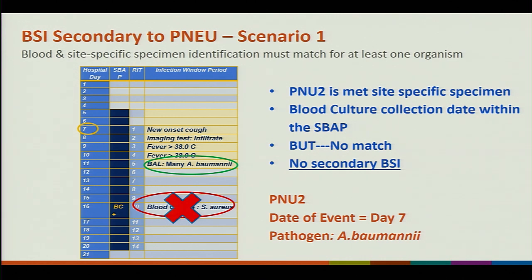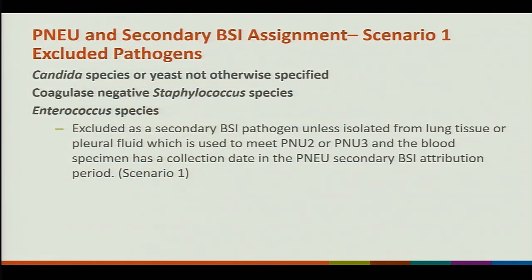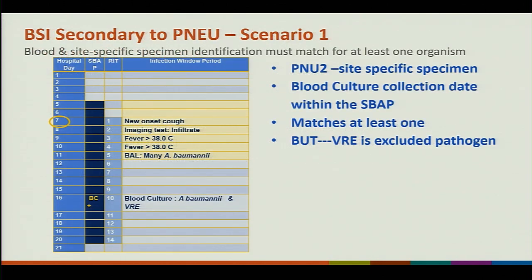You take that blood culture, and you'd continue on your merry way to see if you can find another site-specific specimen that you can attribute it to as secondary, and if not, then you have a primary BSI, and if it's a primary BSI and there's a central line associated, you have a CLABSI that you need to report. So with our excluded pathogens, Candida species and yeast, coagulase negative staph, and Enterococcus, they're excluded as secondary BSI assignment as well. Here we have the same scenario.